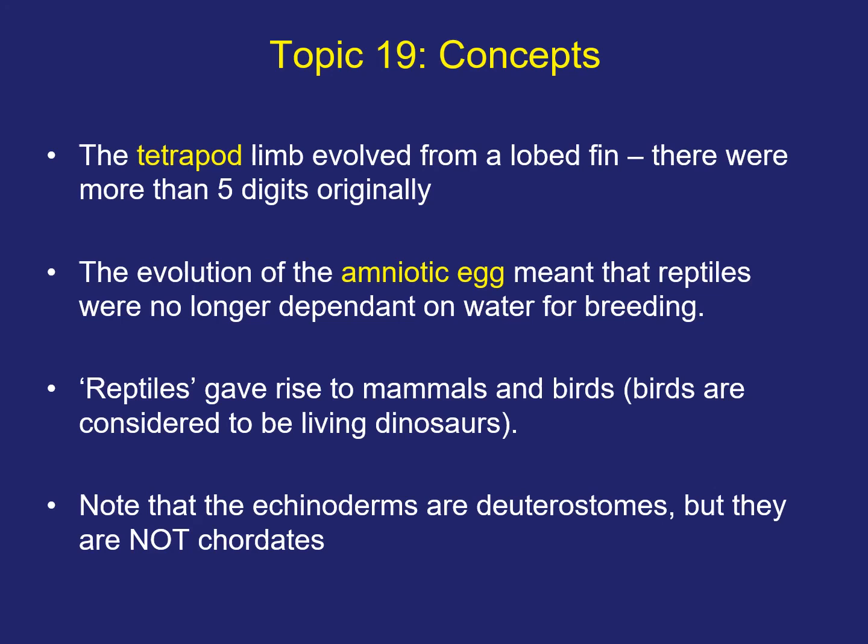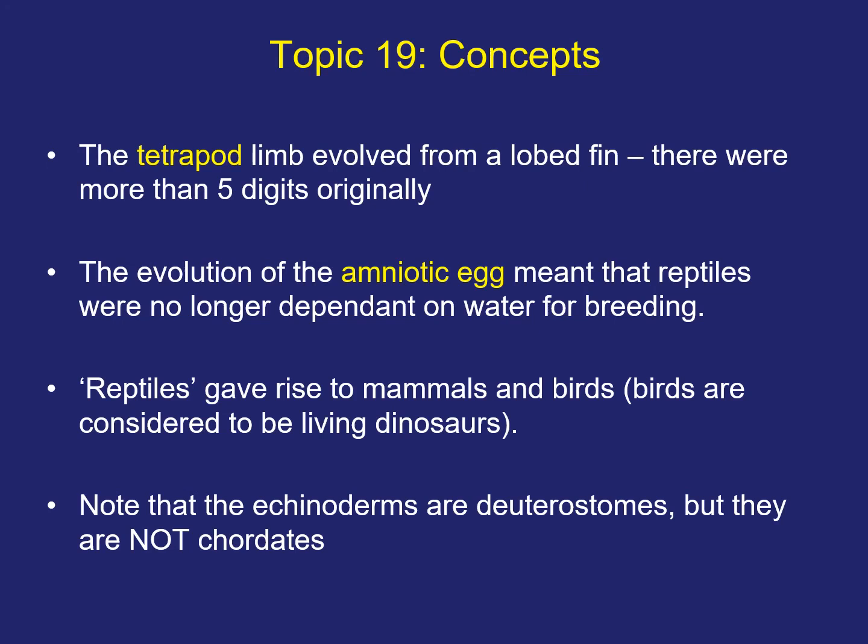For instance, the horse has lost most of its digits, the snake has lost all of its digits, but they did appear from this very successful 5-digit ancestor. We have an amniotic egg that appeared in the reptiles that allowed them to be less dependent on water for reproduction. Reptiles gave rise to mammals and also to birds, and birds are considered to be living dinosaurs.